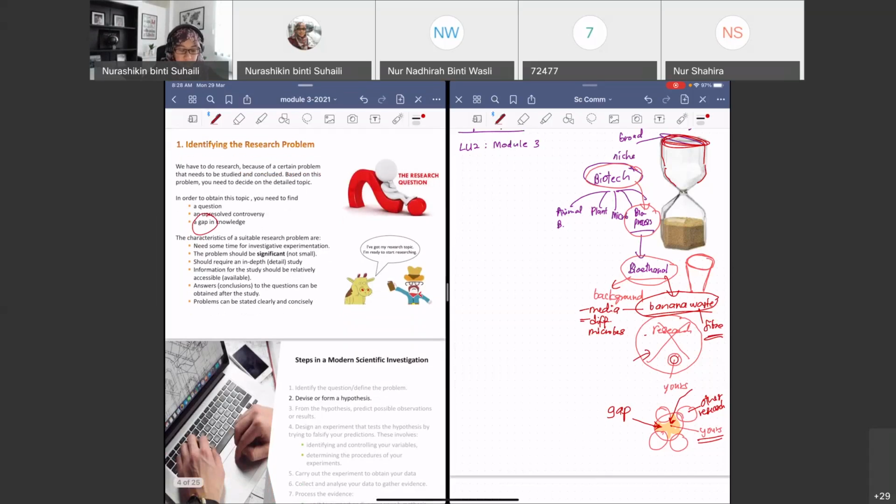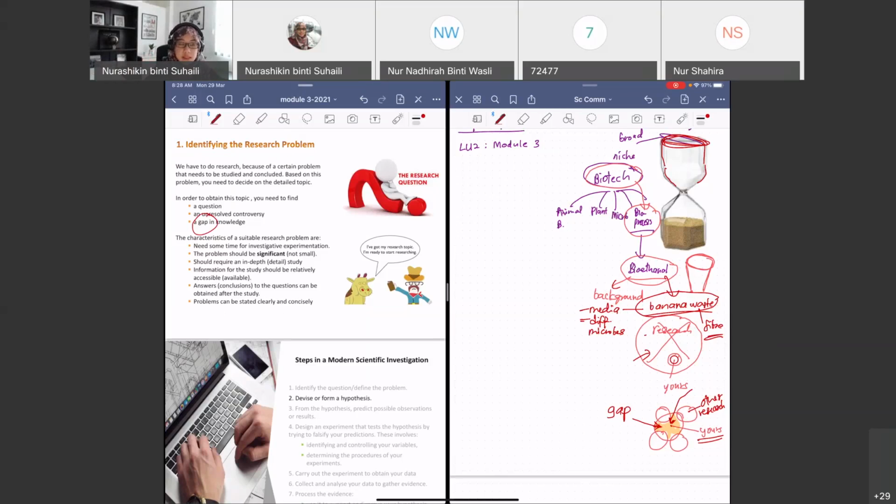Okay, the characteristics of a suitable research problem. It needs some time for investigative experimentation. The problem should be significant. There must be something useful that comes out of your research. For example, in the case of banana fiber, if you want to investigate the feasibility of banana fiber as a substrate for bioethanol production, what is the significance of it?